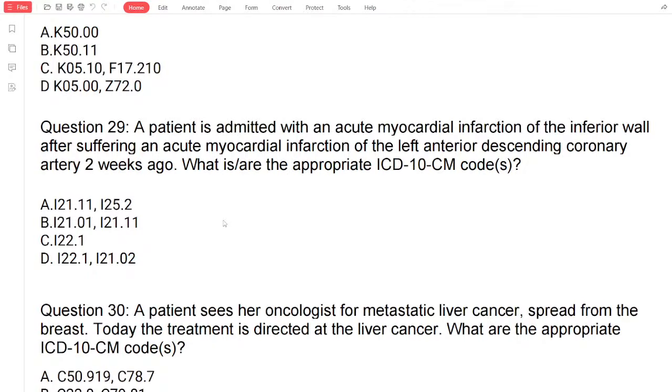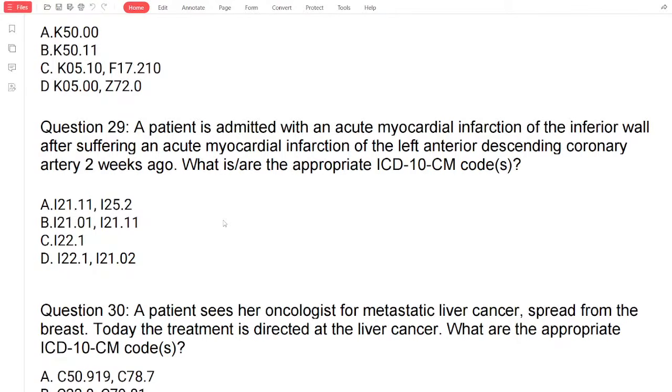For 29, here also D is the answer. So I22.1. Let us check the code. The I22.1 code is for subsequent myocardial infarction of the inferior wall.